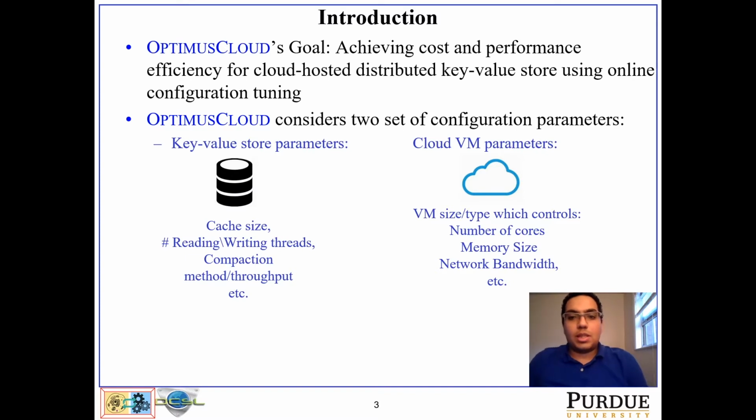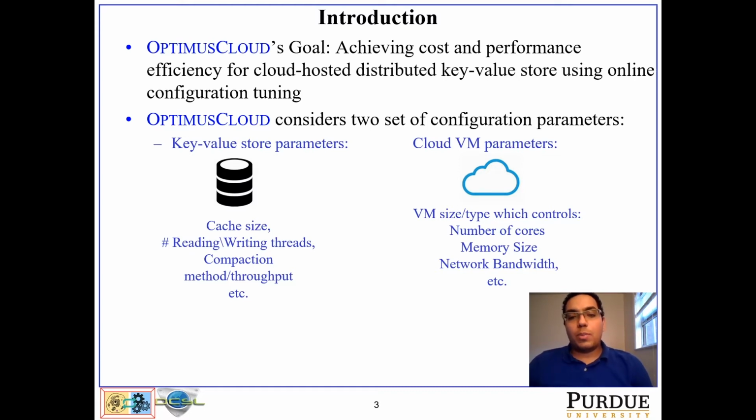The first set is the set of parameters that are exposed by the key-value store itself, such as the size of the cache, the number of reading and writing threads, the compaction method used and the throughput of that compaction method, etc. The second set of configuration parameters is the set of parameters that are controlled by the cloud VM size and type, such as the number of cores, the available memory, and the network bandwidth for every node in the cluster.